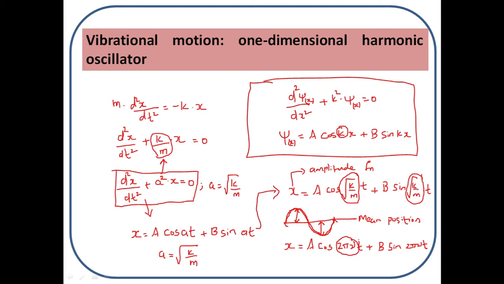This means that here also we can see that it is a frequency factor, 2 pi nu into t. Here it is a time. So these two can be compared with this equation. Therefore, we can write that 2 pi nu is actually root of k by m.